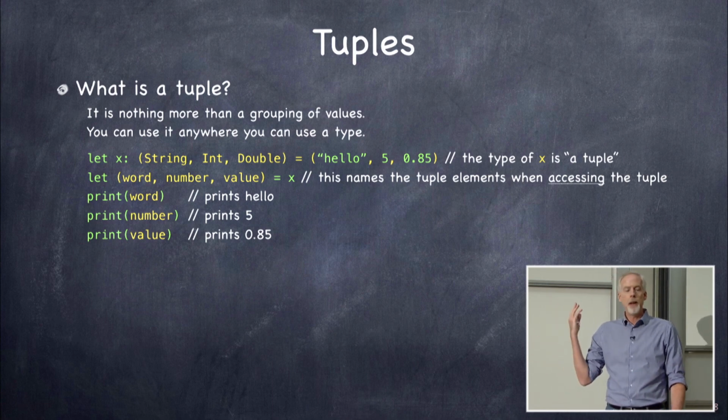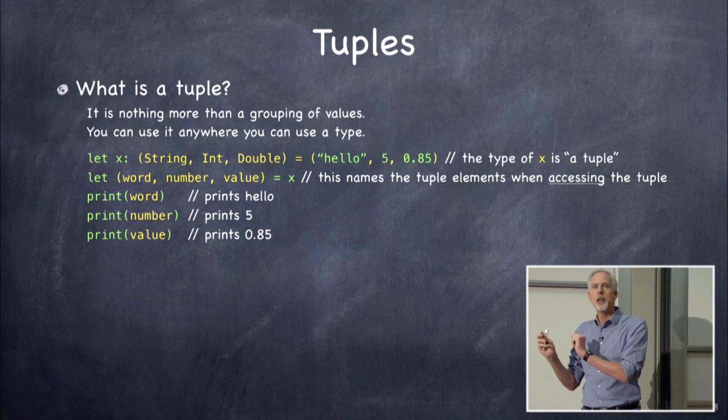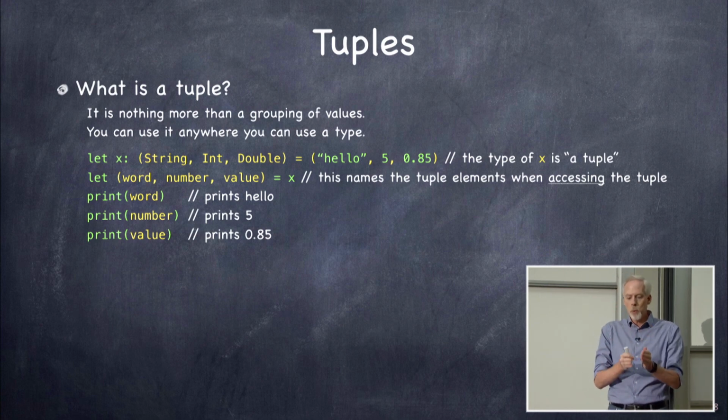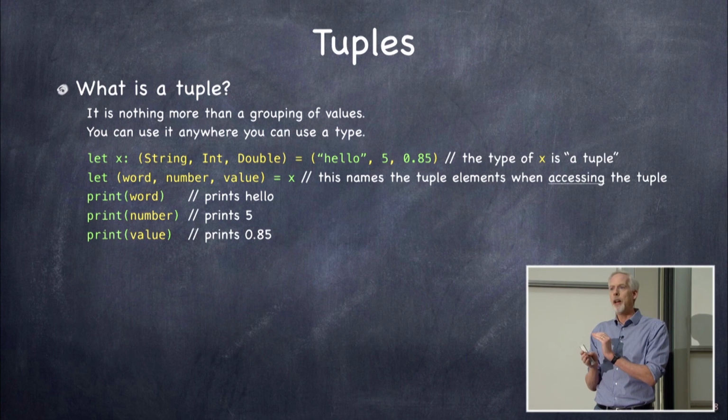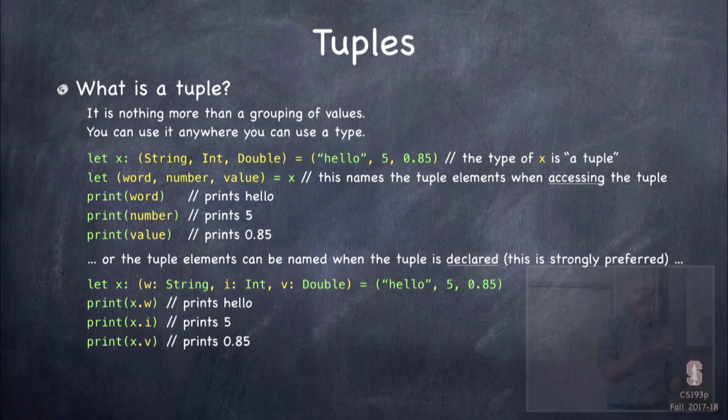You can define the names when you get the values like this. let, parentheses, word, number, value, equal x. And that actually assigns each of the values of x to the 3 variables, word, number, and value. Okay? So I'm kind of giving the struct elements names as I grab them out. Or you can do the other way around. When I define x, I can say x is a tuple that has a string, an int, and a double called w, i, and v.